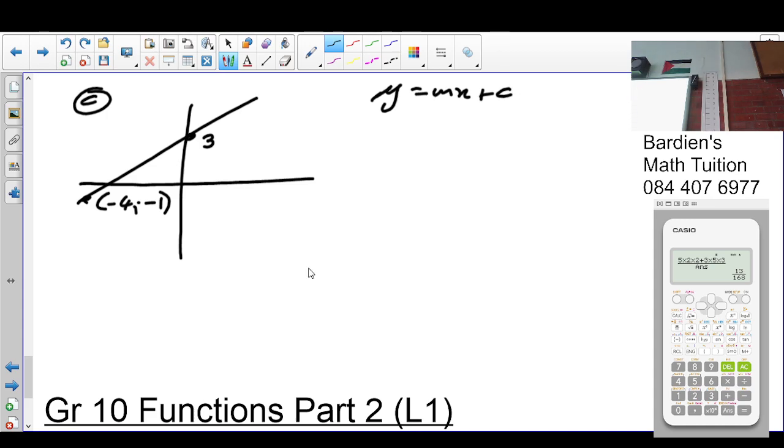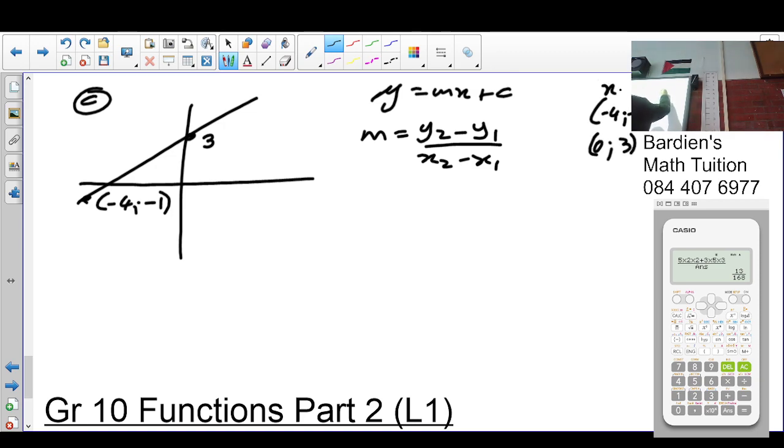Well, how do you calculate m? So gradient. It's y2 minus y1 over x2 minus x1. So the points are (-4, -1) and (0, 3). If that's x1, y1, x2, y2.